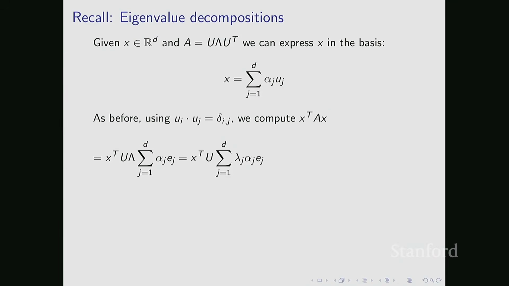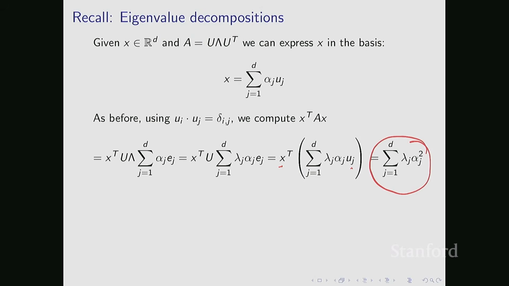So we write x in this form. We multiply by a scalar. Because it's now in this nice basis form, the scalar changes the weight. We get back the x that's there. And boom, when we do the dot product of x into this, because x can be decomposed, we get this nice form: lambda j times the alpha j squared.